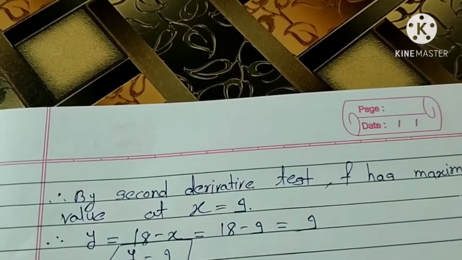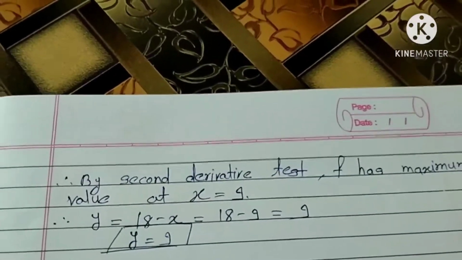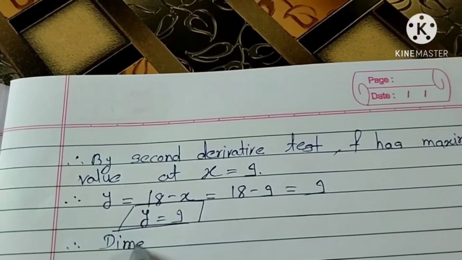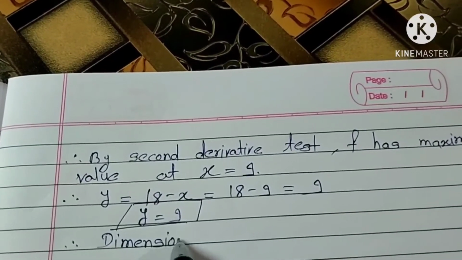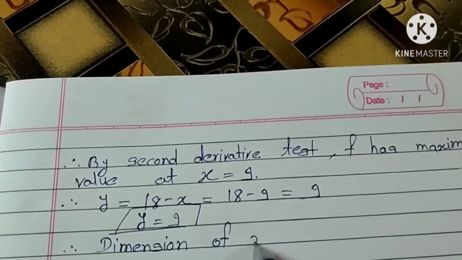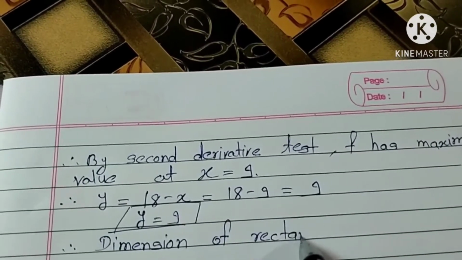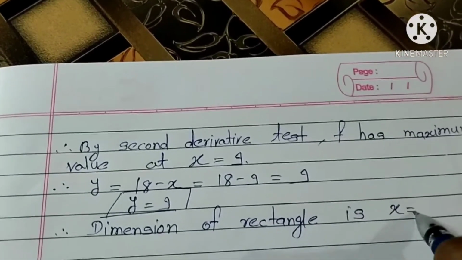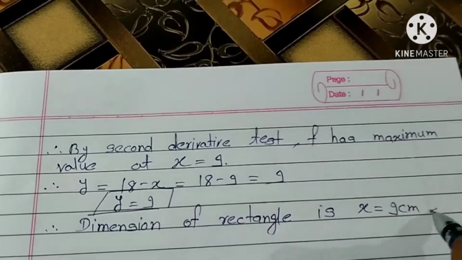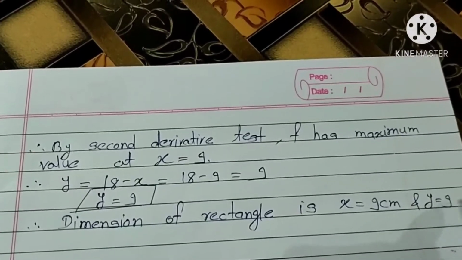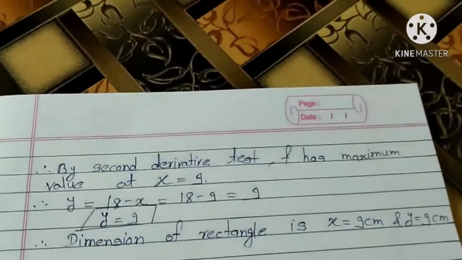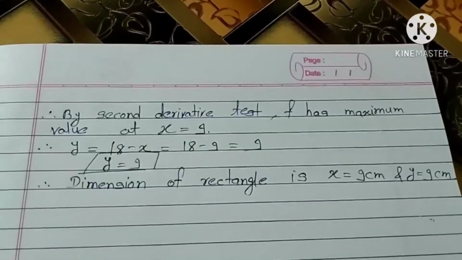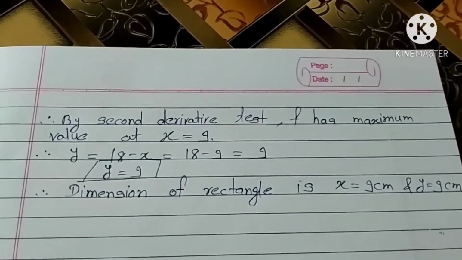Length is 9, breadth is also 9. So therefore write the dimensions of the rectangle: x is equal to 9 centimeter and y is also equal to 9 centimeter. And we know that if the dimensions are the same, then this rectangle is a square.